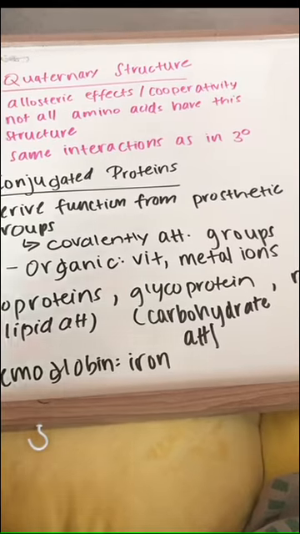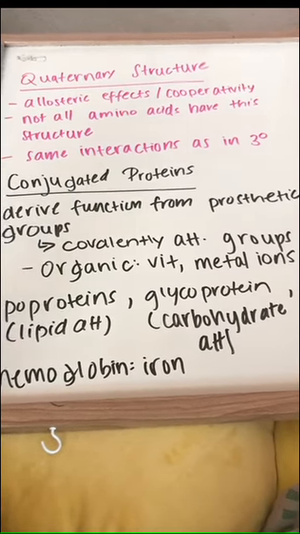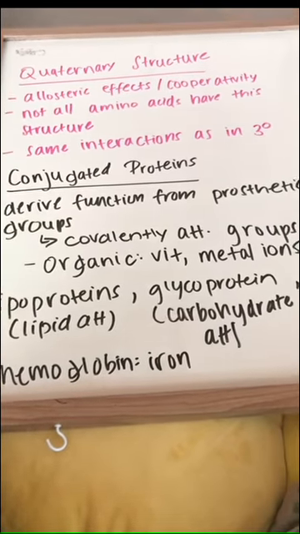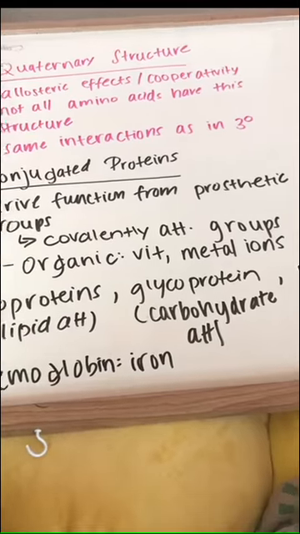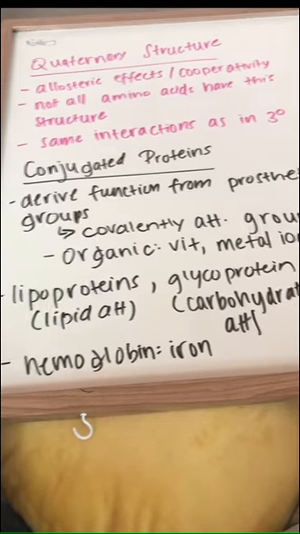So you can have organic prosthetic groups, and when I mean organic, I mean vitamins and metal ions. One common example is hemoglobin. The prosthetic group it has is iron, and it really requires that for its function.